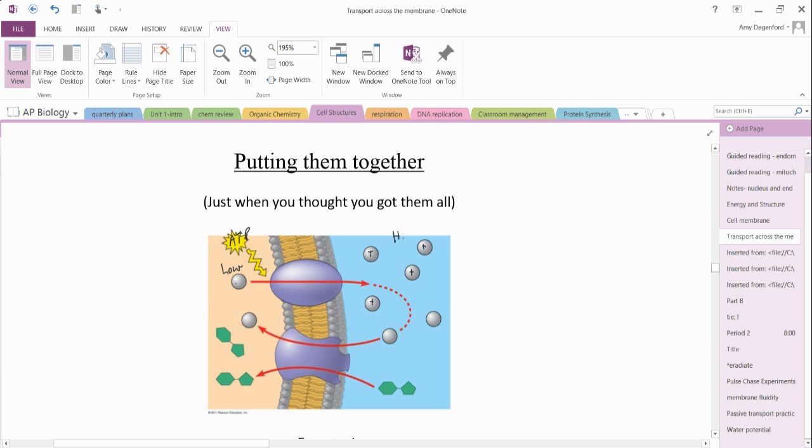Now, once we have our hydrogen ions, our positive charges, once we have them out here, this is now a high concentration of hydrogen ions. Once we have that, think about what that means. These molecules would tend to move back in. And they do, through this co-transporter.